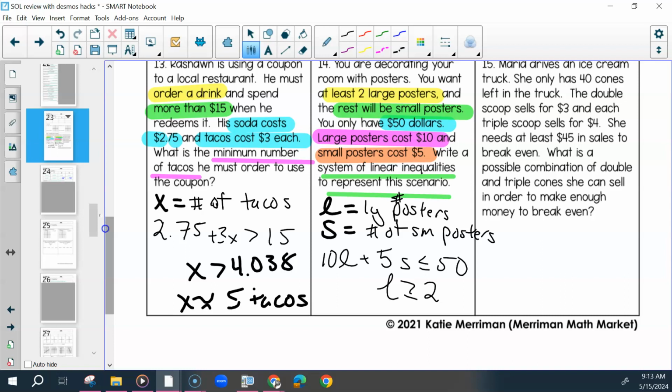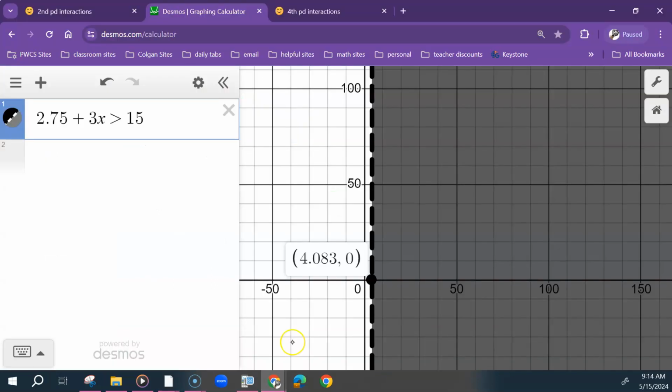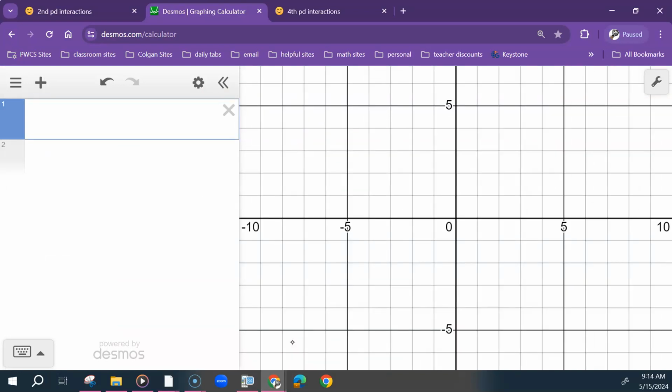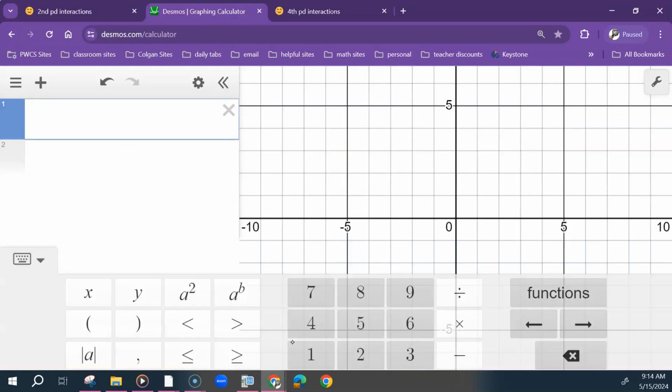So 8.4D, system of equations, number 20. Anything with equations, type that into Desmos, as is.